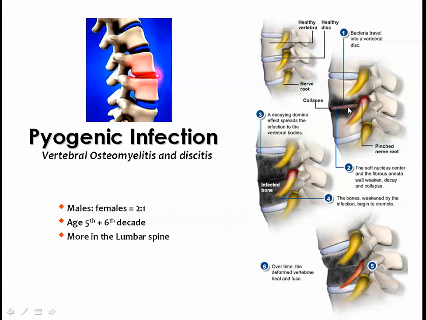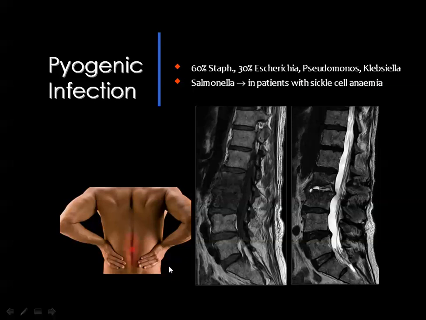There is involvement of the disc space with bone marrow edema of the superior end plate as well as the inferior end plate, and by time you get narrowing of the disc space, and finally you can see some collapse at the level of the affected disc. Also you can see paravertebral and prevertebral abscesses, which are not common in cases of postoperative spinal discitis.